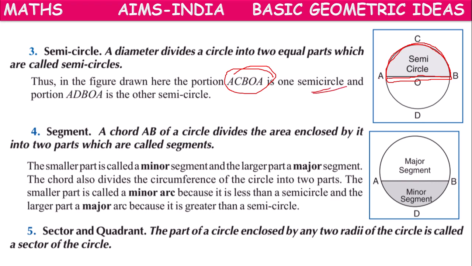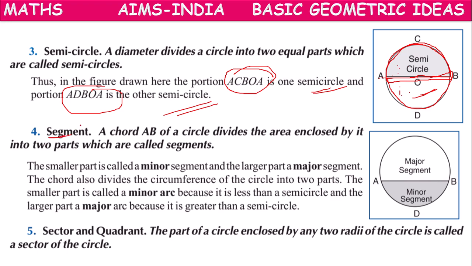This from downside, A, D, B, O, A is another semicircle with center O. For the circle and for the semicircle, the center point will be the same, which is O. So, diameter divides circle into two parts, two semicircles.